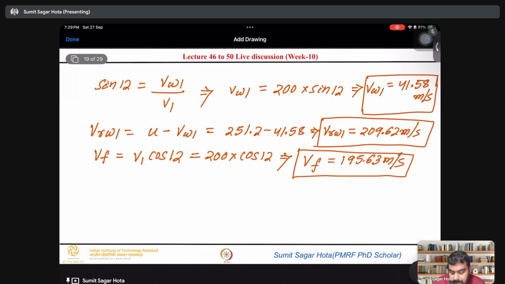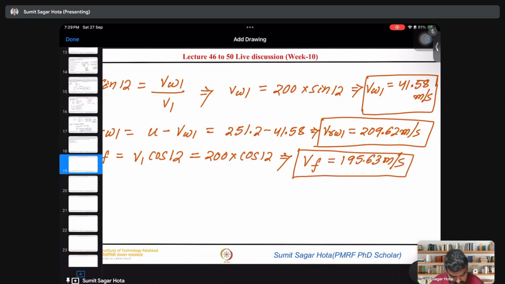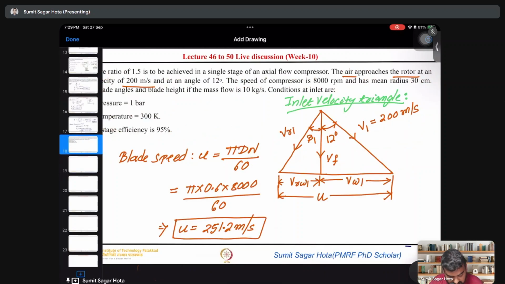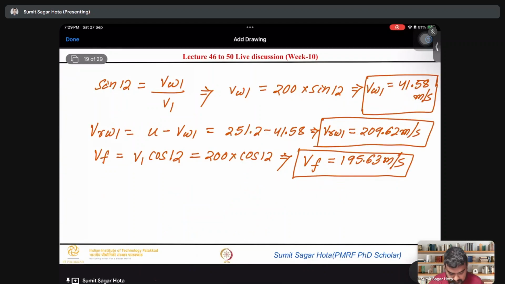Okay, so let's find out the angle beta 1, because we already have VF and we already know VRW1. So tan beta 1 is your VRW1 divided by VF. Tan beta 1 is equal to 209.62 divided by 195.63.